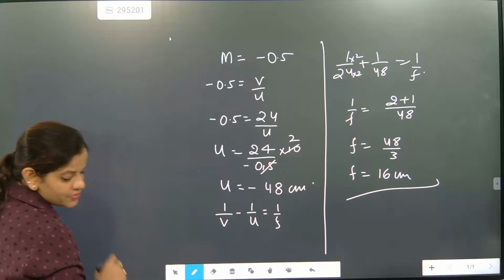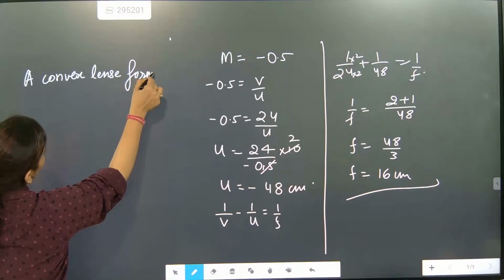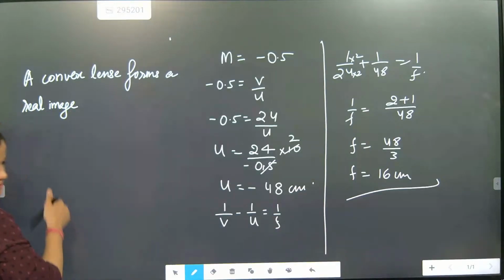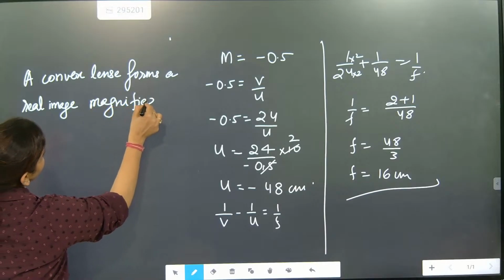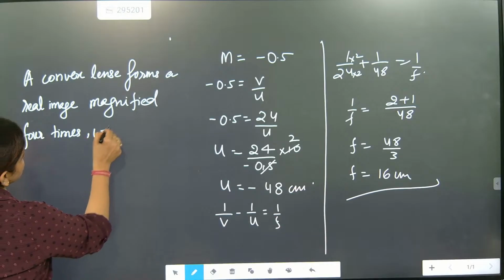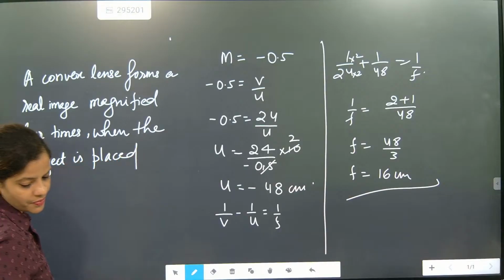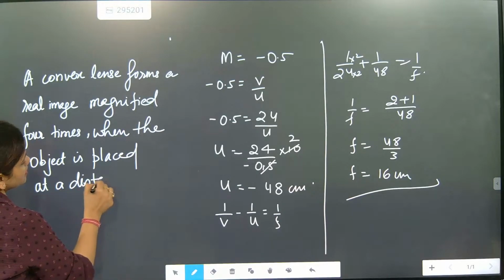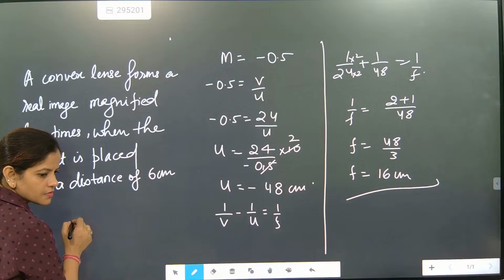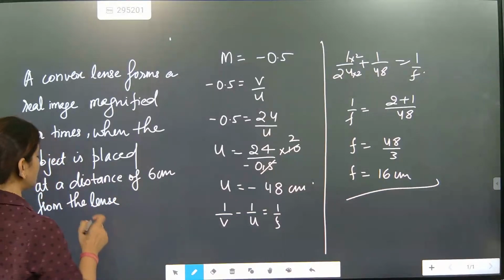Write down: a convex lens forms a real image magnified 4 times when the object is placed at a distance of 6 centimeter from the lens. Understood? Calculate the focal length.